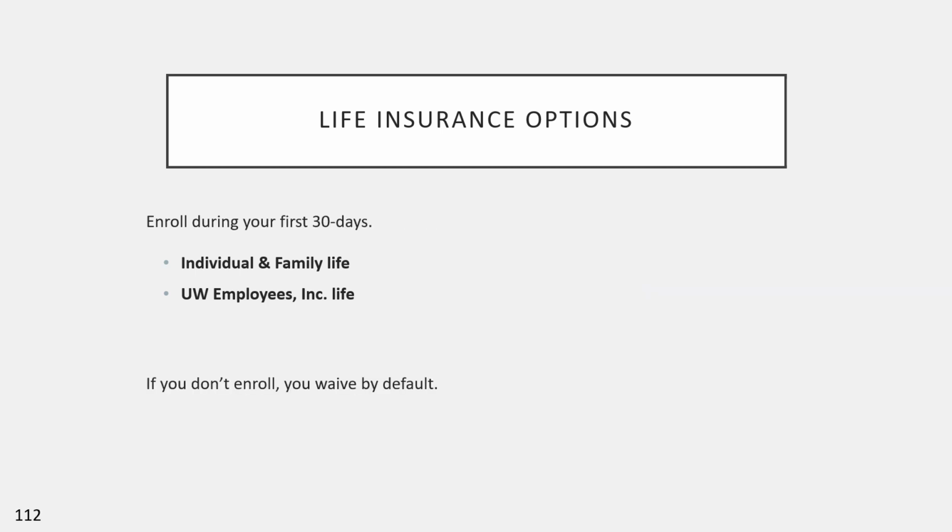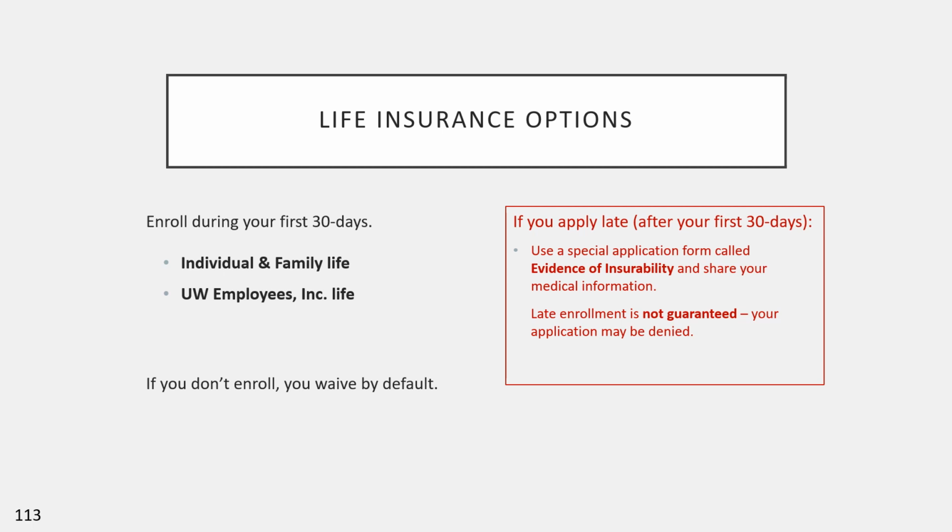You have your initial 30-day window to elect or choose the default of waiving the individual and family life insurance, and or the UW Employees Inc. life insurance. If you don't enroll now as a new employee within your initial 30 days, then you've by default waived the life insurance.